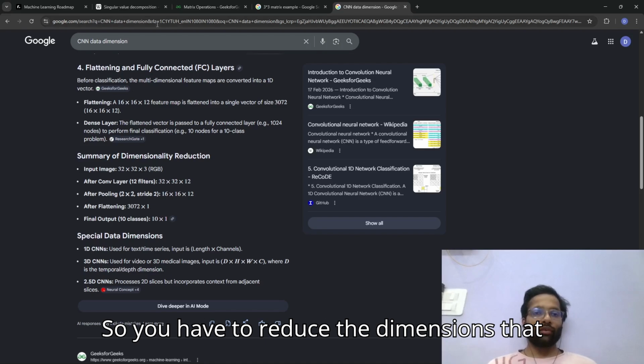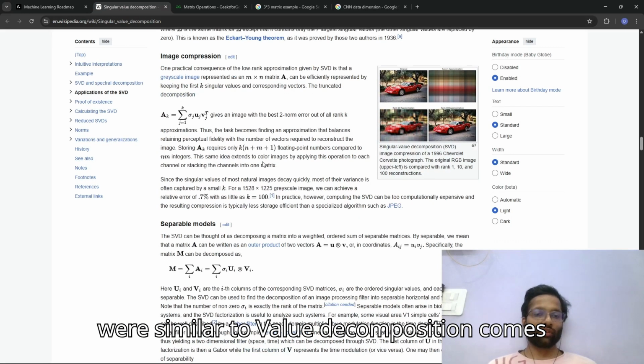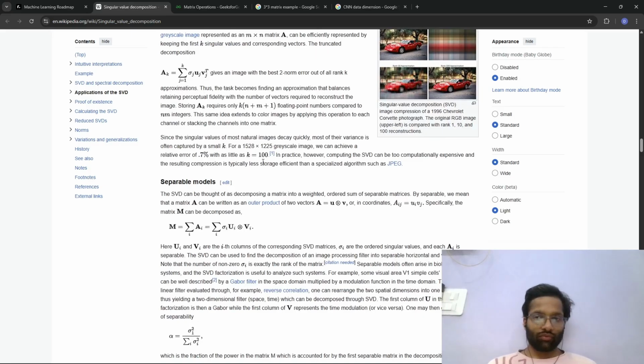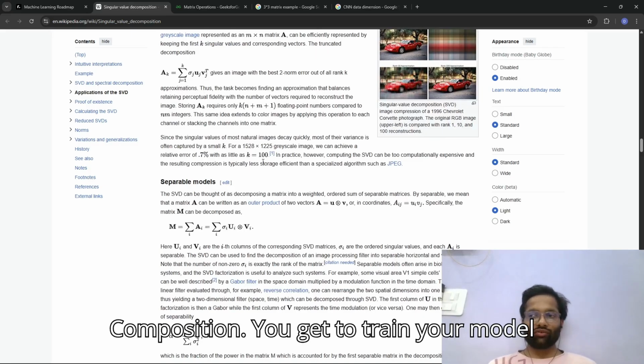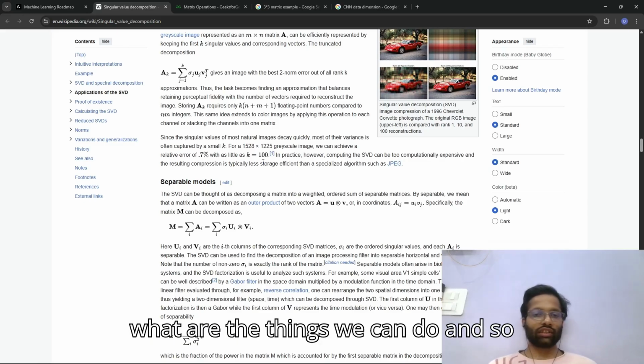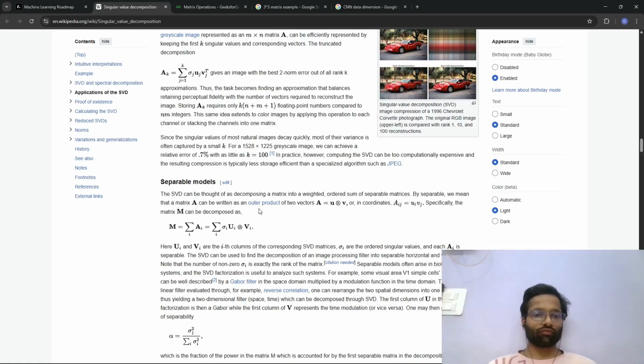So you have to reduce the dimensions, and that's where singular value decomposition comes in handy. Based on that decomposition, you get to train your model better on what kind of image it can be, what are the things we can do, and so on.